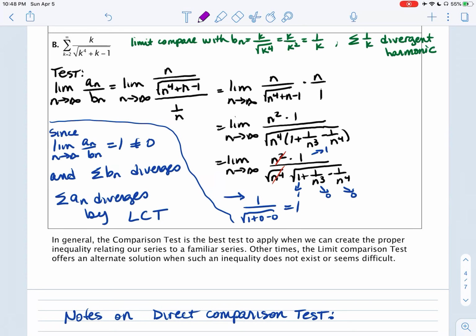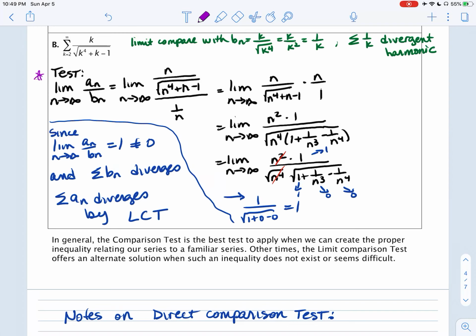So here I go taking the test. I've identified my comparison, and now I'm just going to take that quotient. So I first put my a sub n, which is n over square root of n to the fourth plus n minus 1, and I'm dividing it by 1 over n. Division by a fraction is multiplication by the reciprocal, and now I'm going to be taking the limit as n goes to infinity of n squared over the square root of n to the fourth plus n minus 1.